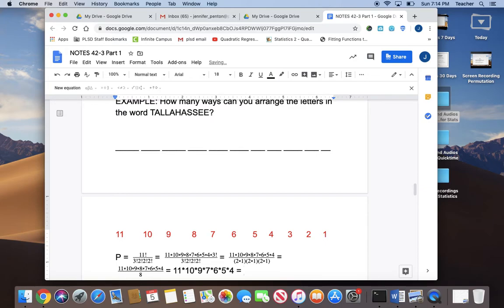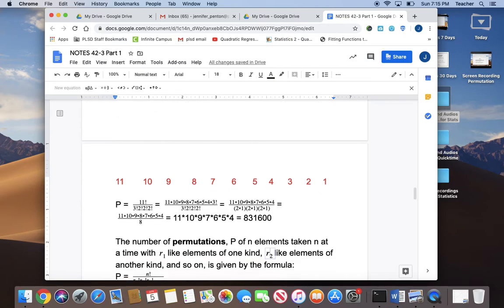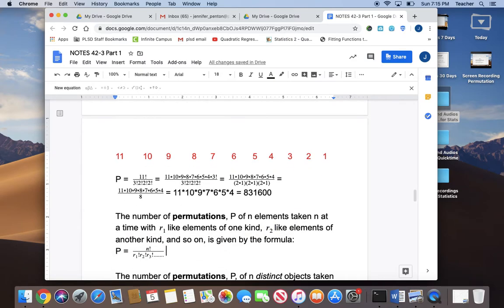So when I do this and I get my answer, I get 831,600. So that's how many ways you can arrange the letters in the word Tallahassee. All right, and there's that formula that we use to do that.